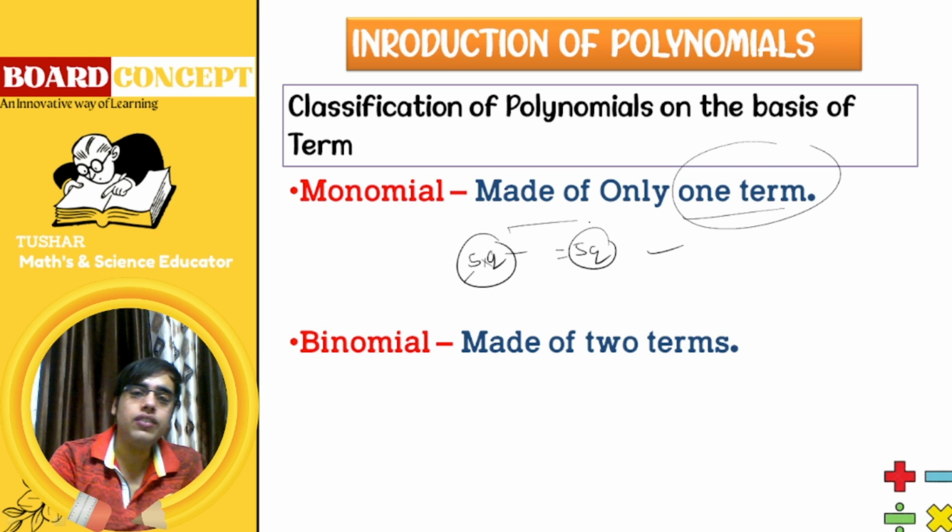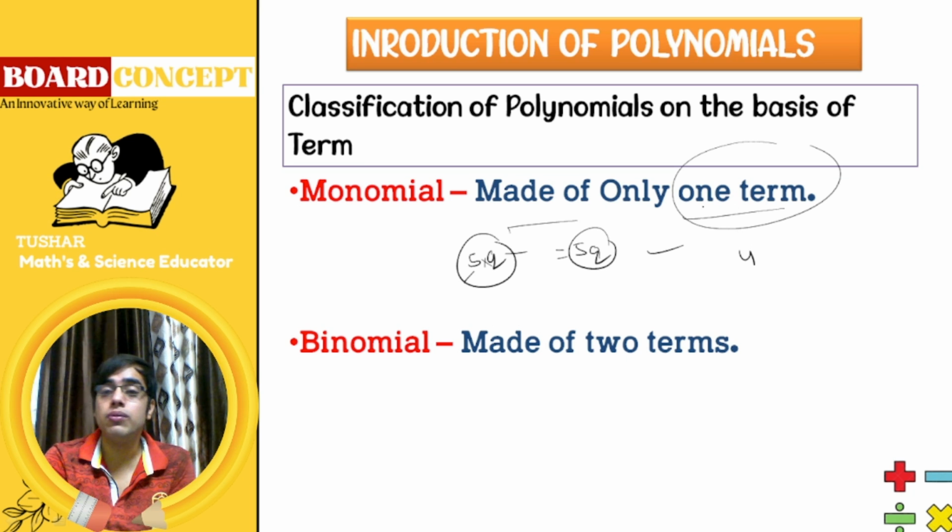Now the question comes to our mind: can we say that 4 is a term or not? I say that this is a term. How? You may say that here there is no variable, 4 is single.